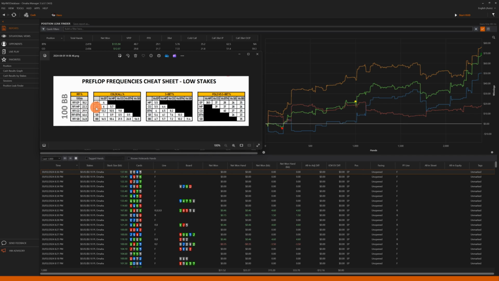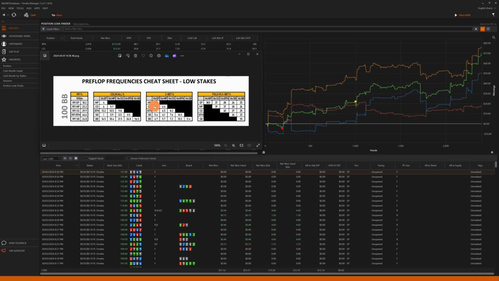So cutoff again versus an early position or a middle position, it's pretty much the same. Let's say around about 6% should be cold calling. And if we look at our cold calling, it's 21%. We are cold calling when either the early position, being under the gun, or the middle position opens. And that's way, way too much.